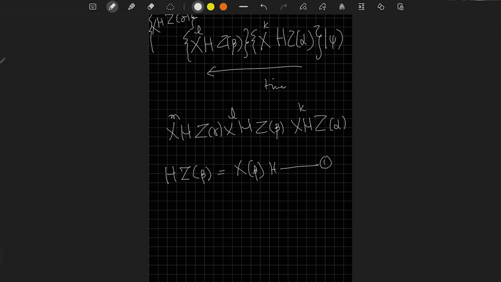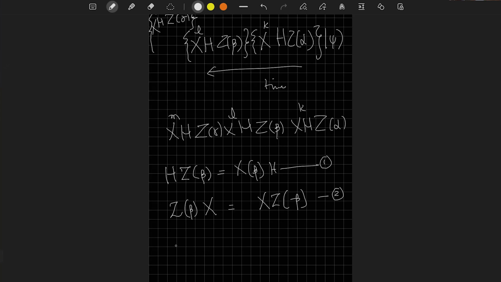The other formula is that if I have Z to some beta X, this equals X Z minus beta. This is another formula. These are just identities of the Pauli operators and the Hadamard; you can prove them by direct calculation.